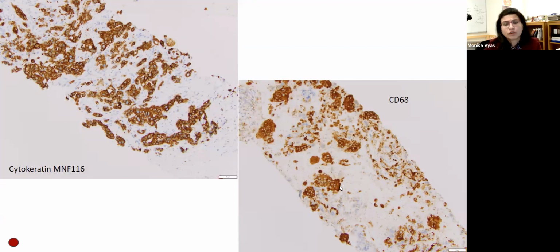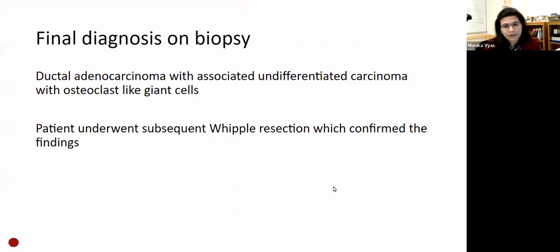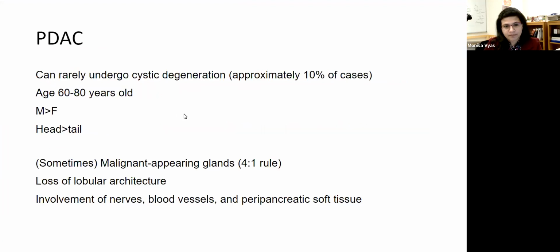So these are all osteoclast-like giant cells, which have been described in a number of malignancies, including one in the pancreas. The final diagnosis on this biopsy was a ductal adenocarcinoma with an associated component of undifferentiated carcinoma with osteoclast-like giant cells. This patient underwent subsequent Whipple resection, which confirmed these same findings.